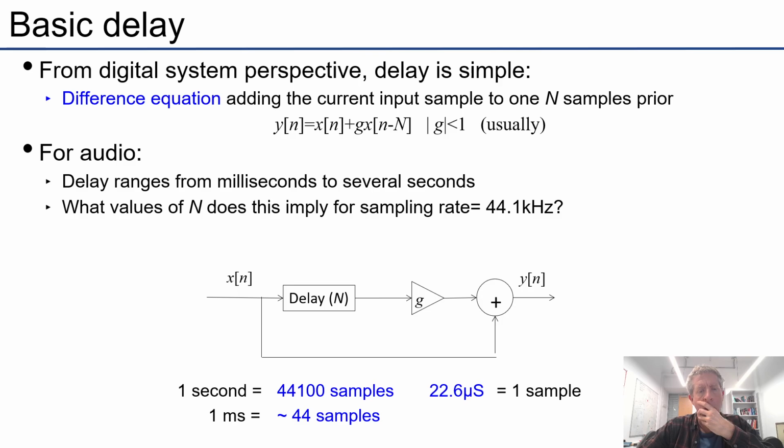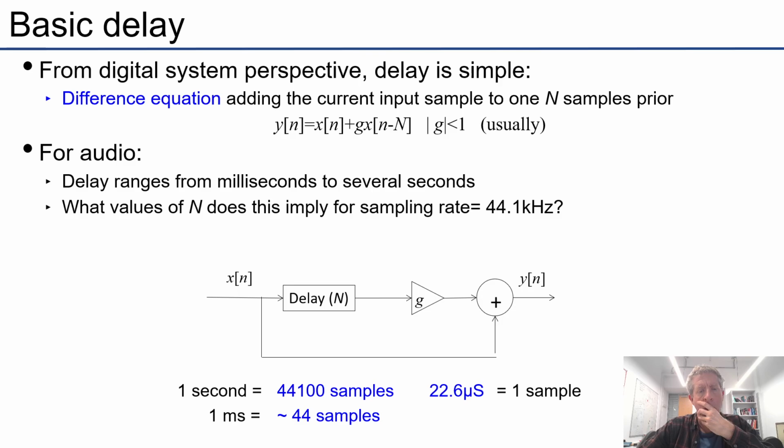Now, if we look at this delay, what does it mean for audio? In practice, the delay value that is chosen, capital N in the difference equation, is just a sample number, but in time it could be a value from milliseconds or even sub-milliseconds, to a value of several seconds.